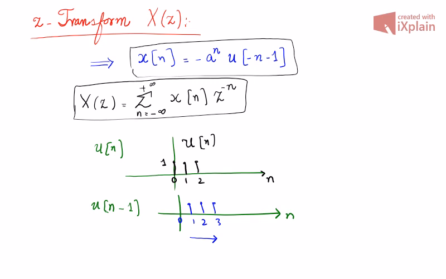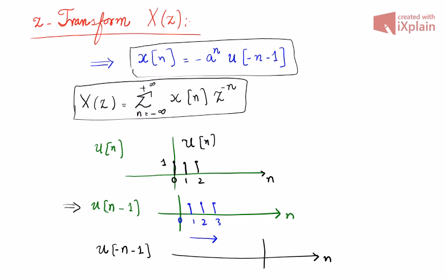Now we have u of minus n minus 1. So in the next step, let me plot u of minus n. U of minus n minus 1 is the mirror image of this function, u of n minus 1. So how would the mirror image look like? You can see the mirror image would look like this.